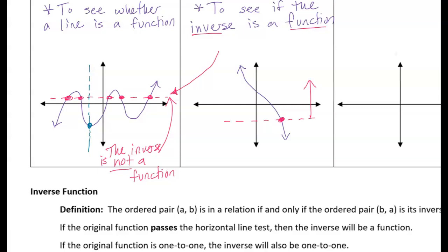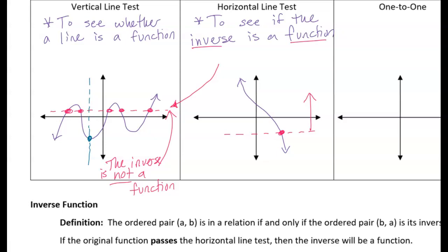Okay. And just a quick little definition. If a function is determined to be one-to-one, it passes both the vertical line test and the horizontal line test.